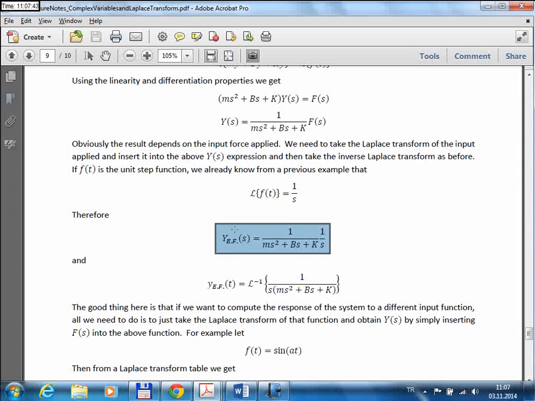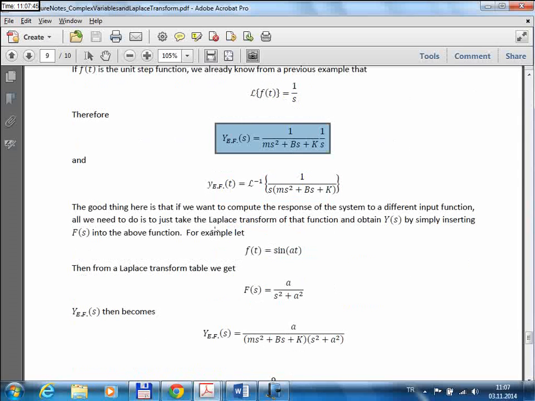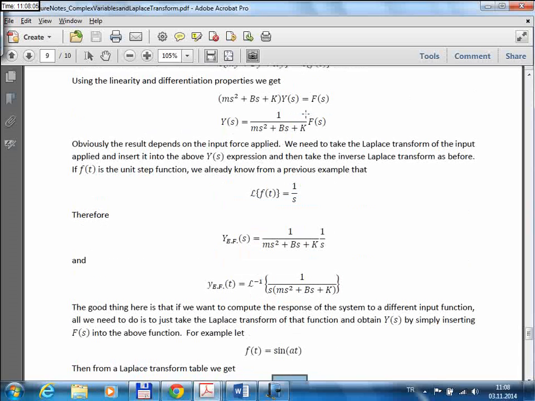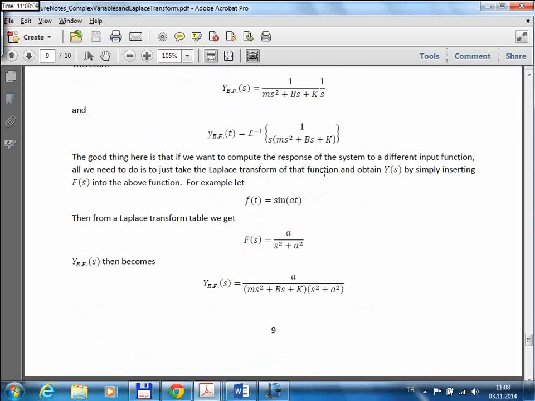If you want to check the response to a different input signal, instead of a step function, if the input is a sine wave, then what you need to do is take the Laplace transform of this part on the right hand side, which is just this term taken from a Laplace transform table, and then put that f of s here, and whatever you get gives you the response in S domain.